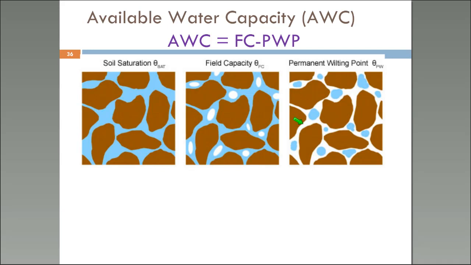There are evaporative demands from temperature and wind, and plant root uptake. The soil continues to dry to permanent wilting point. This varies depending on the texture, but it's what we term minus 15 bars, which is a negative pressure, basically the suction of water from the soil.